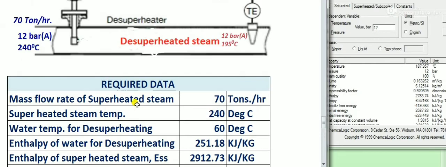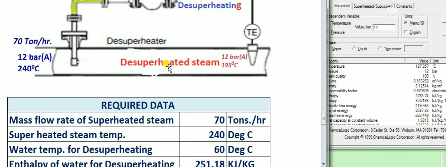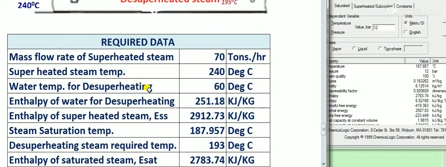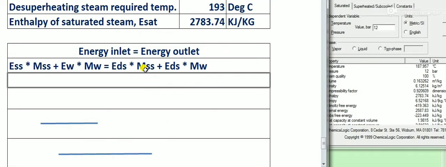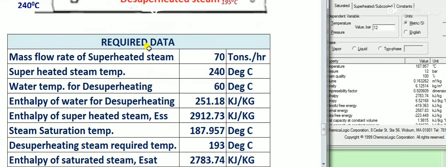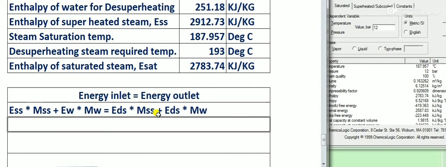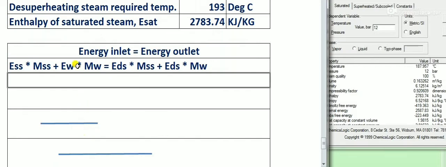At the output of the desuperheater, water and superheated steam both are there, so we take both mass flow rates. The enthalpy of desuperheated steam will be the same for the water and the superheated steam, so we take one enthalpy of desuperheated steam. Correct? So we want to bring terms to one side to find the mass flow rate of the water, right?